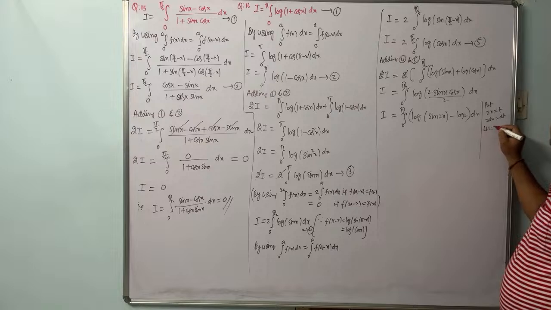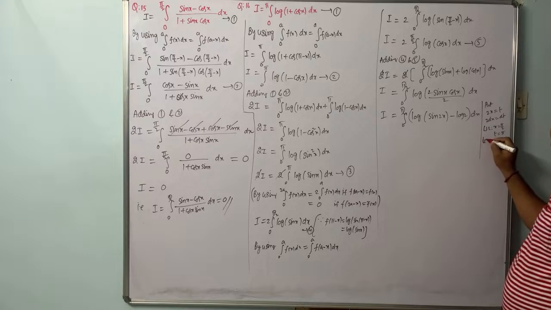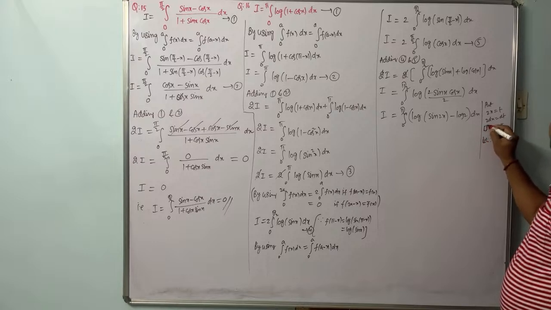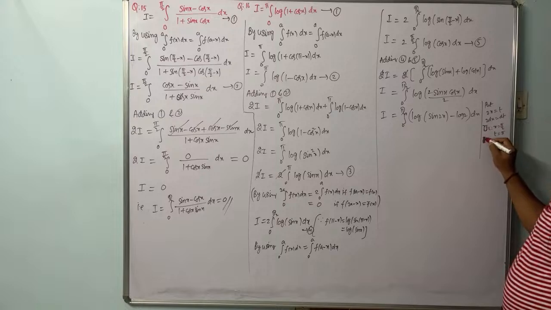Upper limit: when x is equal to pi by 2, t value goes to be pi. Lower limit: when x is equal to 0, t value goes to be 0.